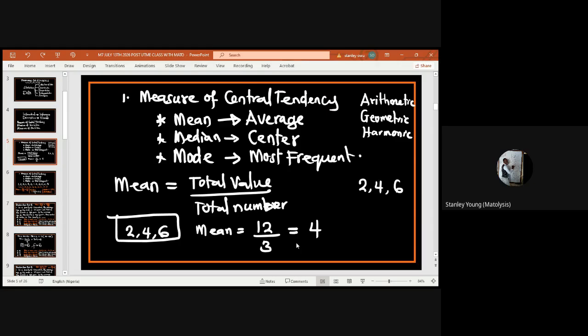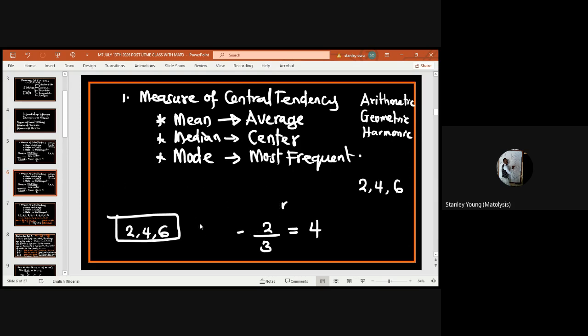The geometric mean is defined as the nth root of the product of n numbers. Let's say a question wants you to find the geometric mean of 2, 4, and 6.